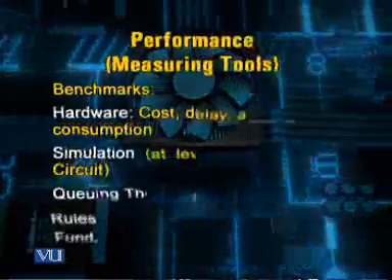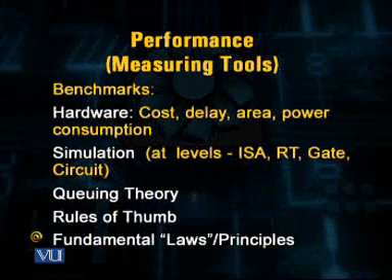So while measuring performance, we also use certain laws and principles, which we will talk about in detail in the third lecture, most probably. There are certain rules which we have to follow in order to enhance the performance. So this is the first step, that is, designing a system based on performance.